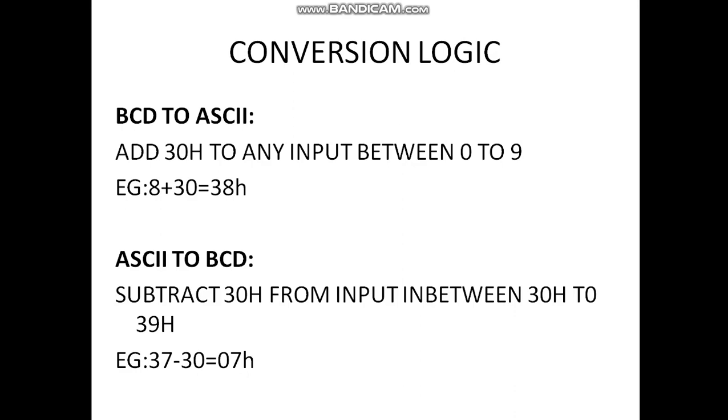Next, to perform ASCII to BCD. To convert ASCII to BCD, we need to consider the input between 30H to 39H. So we need to subtract 30H from the given input so that we get the BCD equivalent of the ASCII number.